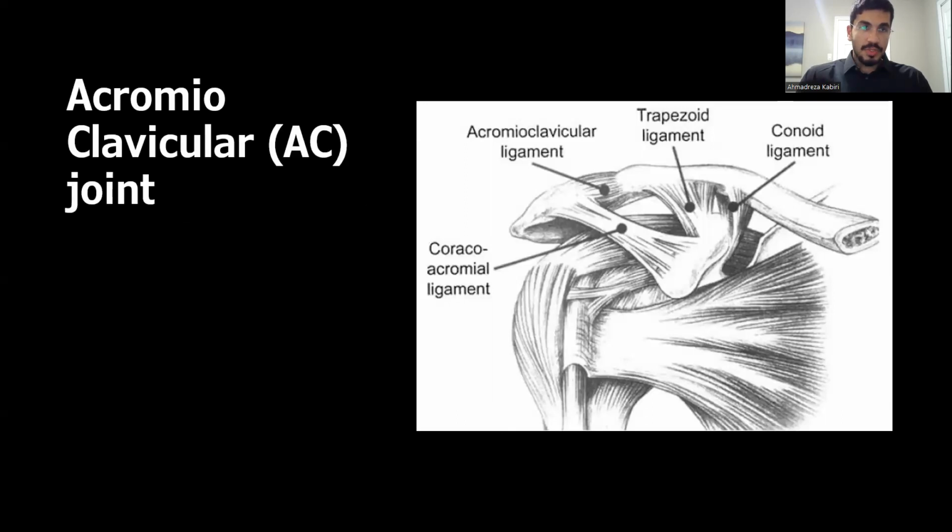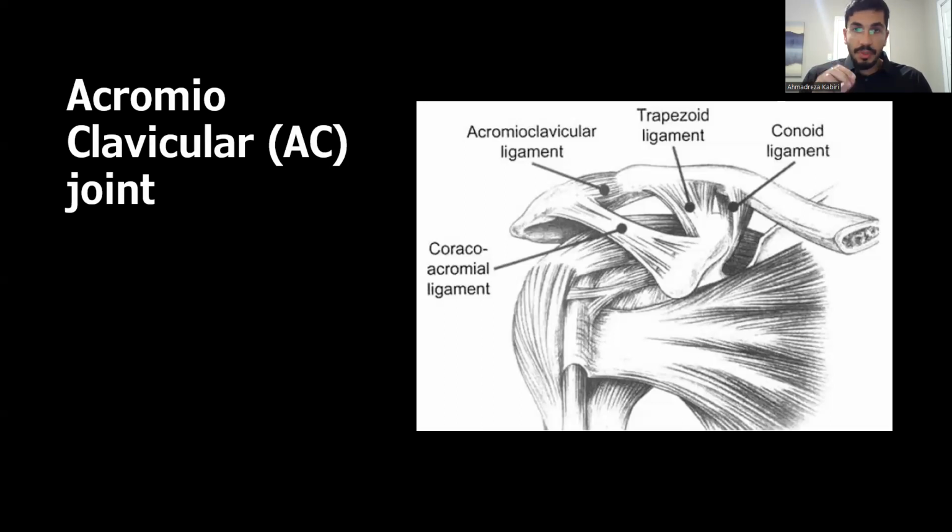Now, let me introduce the acromioclavicular joint and its surrounding ligaments. As I mentioned before, the arthrokinematics of this joint is not defined. What I mean by arthrokinematics is the movement happening in the joint, while the movement of the bones is commonly known as osteokinematics.